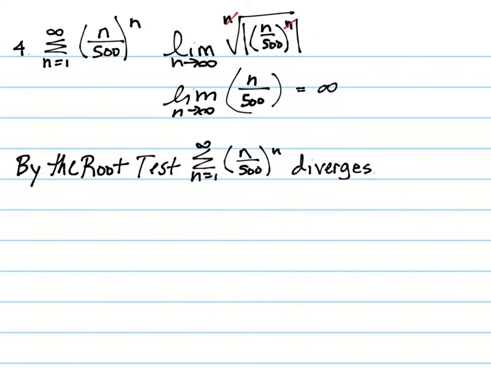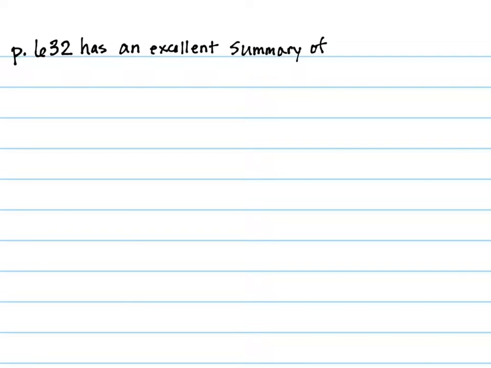The root test is really quick to use, right? I mean, by comparison to the ratio test, which takes us a little longer to work through, it's really quick. So I think that I've rewritten the page number here correctly when I adjusted my notes. Page 632, we'll hope that the number's right, has an excellent summary of the different convergence tests.